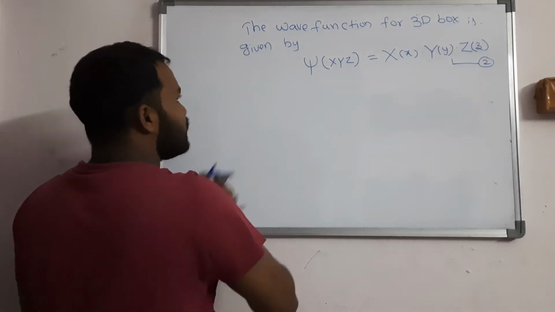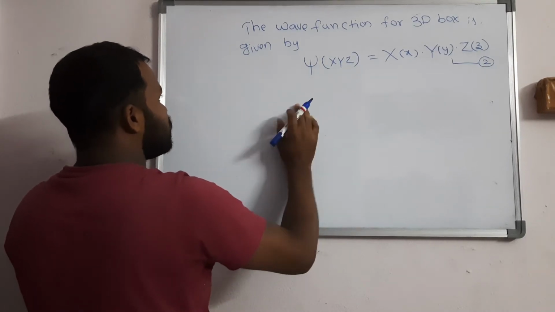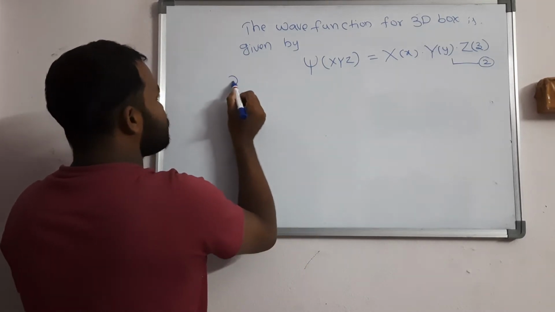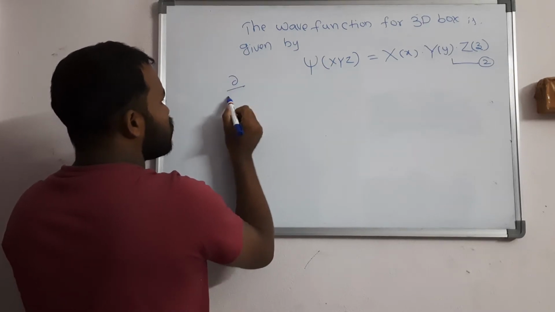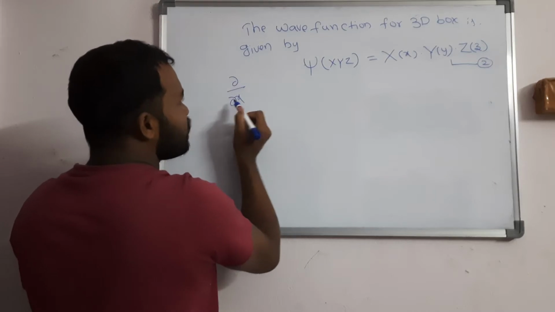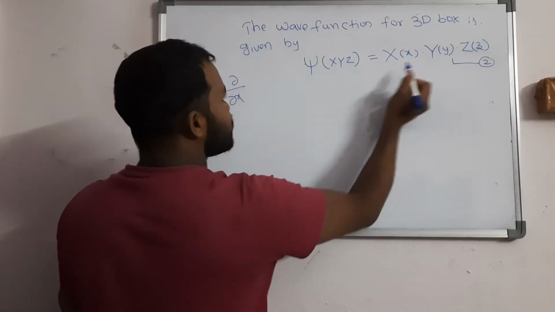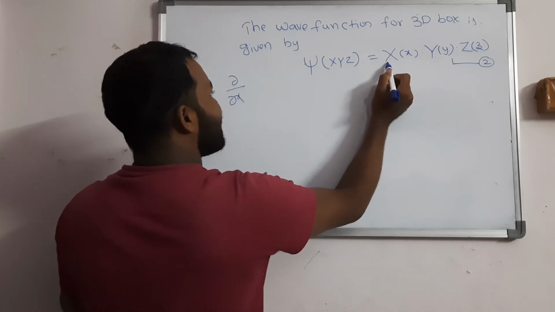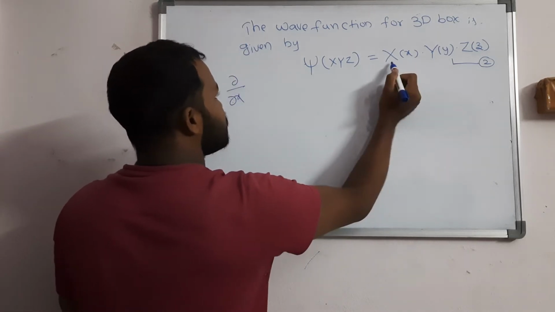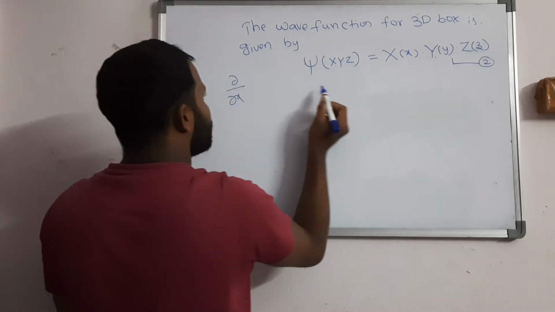So now differentiate the above equation, that means differentiation of this equation. Differentiation with respect to x, I will write dou by dou x. Left side dou by dou x means dou psi by dou x. Whenever you are taking partial differentiation, you are only concentrating on dou by dou x. Differentiation is only for x, so in that case y and z are constants.